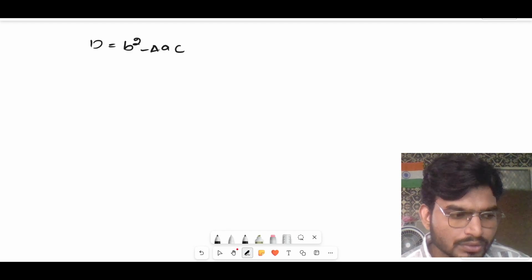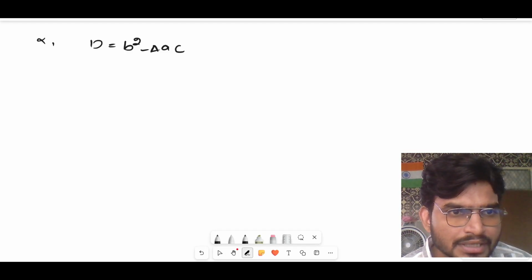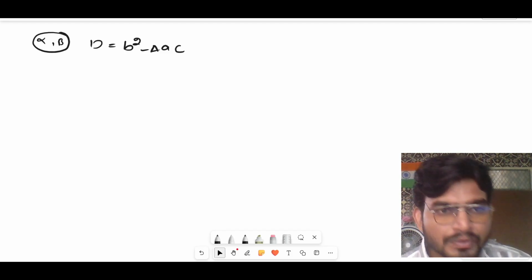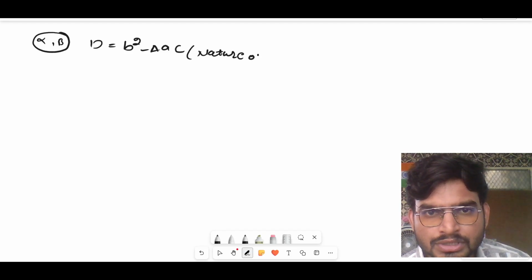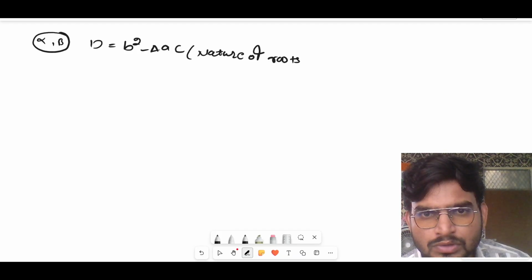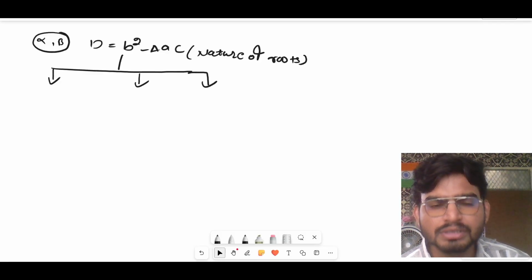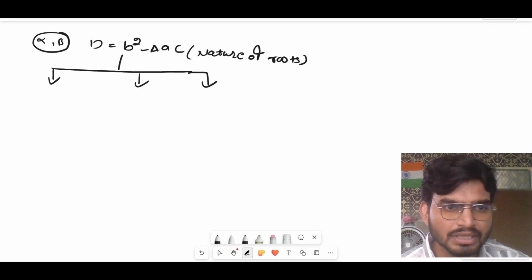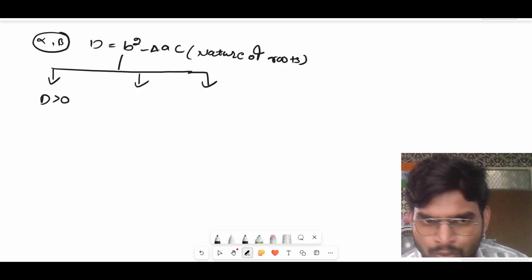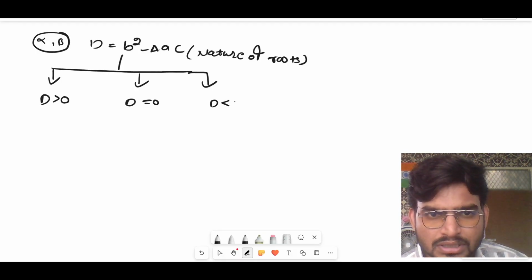We have the roots that are alpha and beta, and we want to see the nature of the roots, and that will totally depend upon D. So the nature of the roots will depend upon D. If we calculate the value of D, then we can find D greater than 0, or D equals to 0, or D less than 0.